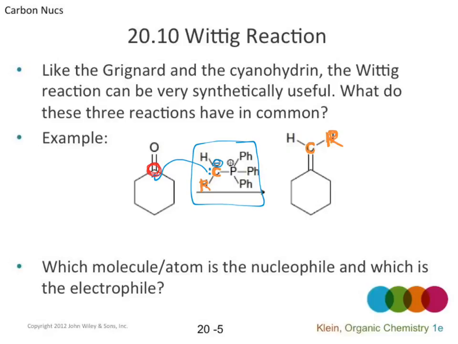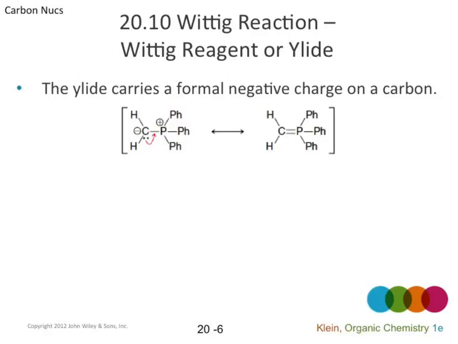Okay? So let's take a closer look at the steps of our Wittig. The Wittig reagent is oftentimes called an ylide, which I'm sure I'm brutally mispronouncing. Okay, so if we look at just that reagent, why is it something that we can actually make? It comes back to the fact that that phosphorus has that positive charge because it has too many bonds.